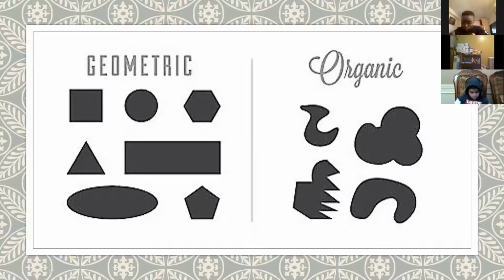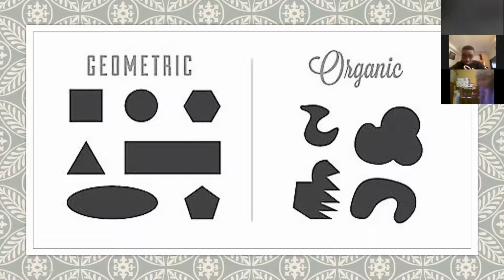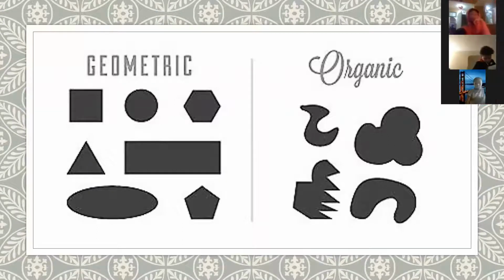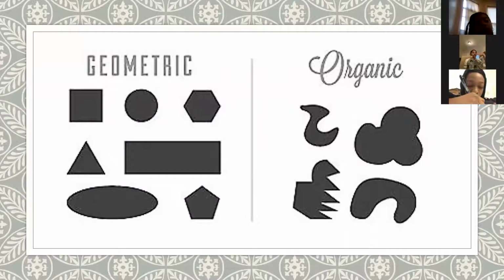It's out of the ordinary. Anyone else want to add to that? Sule? It wants to be itself. It wants to be what? Say it one more time. Yeah, for sure. It wants to be itself.